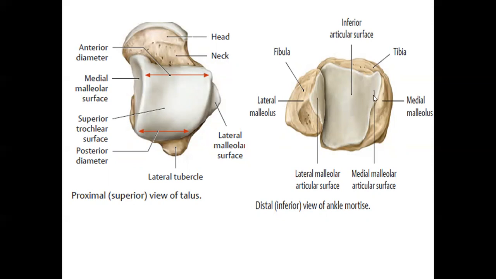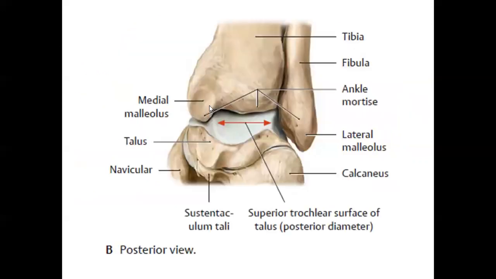On the lateral surface, this part will articulate with the comma-shaped articular facet on the body of the talus, whereas the articulating surface on the medial surface of the lateral malleolus. I hope you understand this. ये medial side है, ये lateral side, obviously ये lateral malleolus का medial surface है और ये medial malleolus की lateral surface है. This portion will articulate with the lateral malleolar surface of the body of talus. So these are the articulating surfaces.